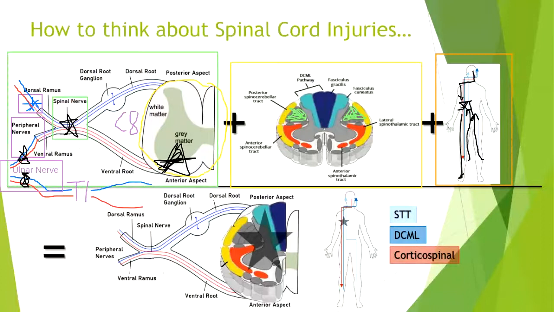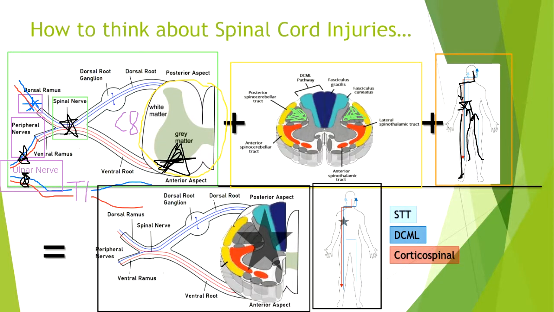So if we put all of that together and we come down to the diagrams at the bottom now, I'll just put a little circle around them. Okay, so if we're looking at these two images at the bottom here, we can see that there's a star showing us a lesion. I haven't gone into exactly what level this is. This is just a visual representation of what we're talking about. We can see that this is in the cord, and with this star, we can see that it's impacted the DCML over here.